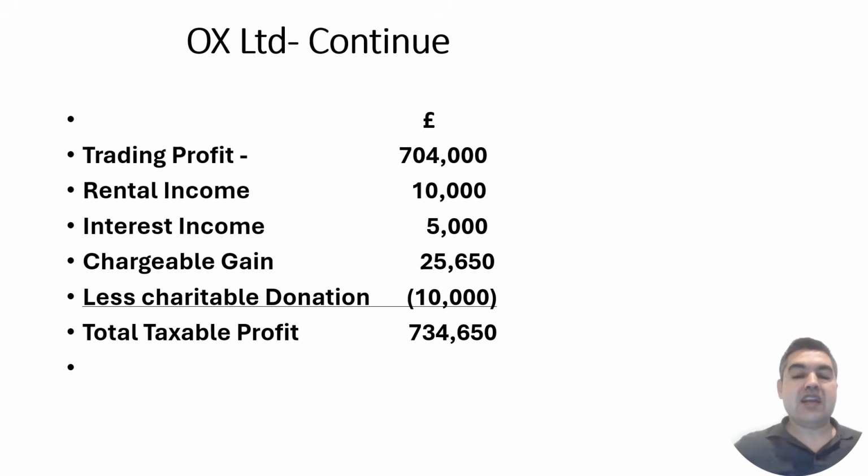Remember, we added back the charitable donation at the beginning at the adjustment stage, because at that stage we didn't know if there would be any taxable trading profit. Now we can see that there is a profit subject to corporation tax, therefore we can have a relief for charitable donation.